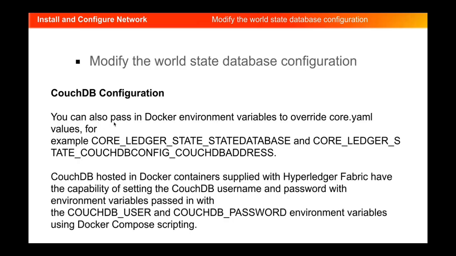And the other way of modifying the world state database without core.yaml is using the Docker environment variables. Docker environment variables will override whatever default values you have given in core.yaml.